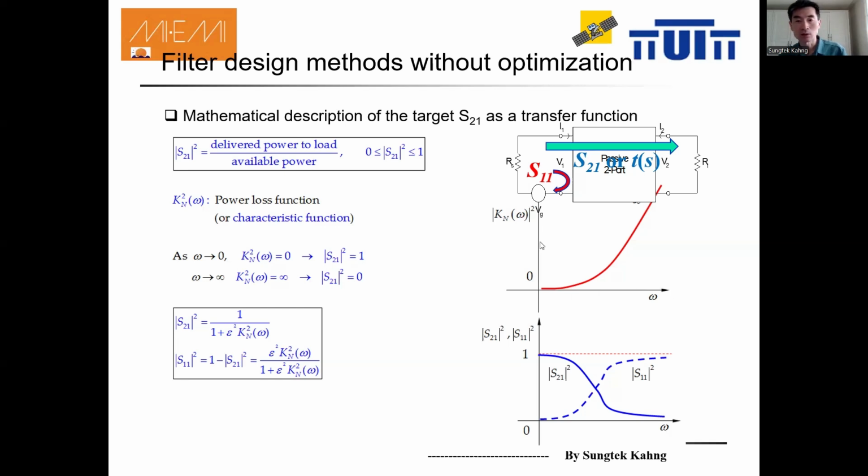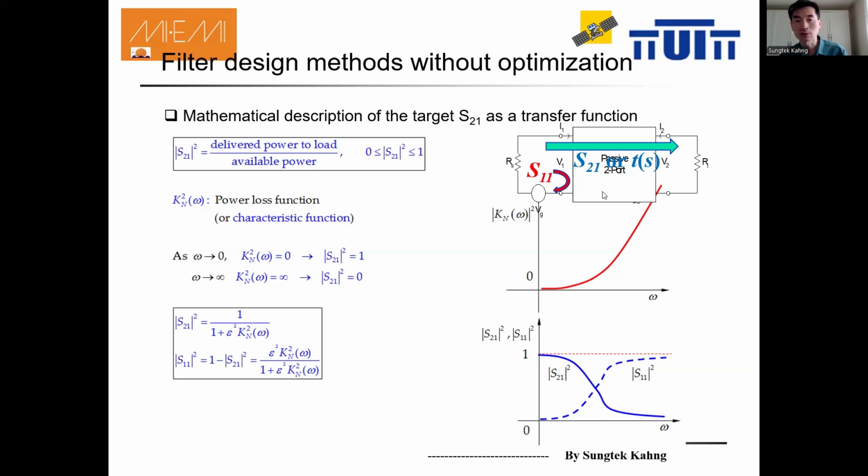So here you think of this kind of flipped mirror image, which is what you can imagine as the transmission. When Kn becomes large, S21 becomes smaller, and when Kn becomes small, like zero.